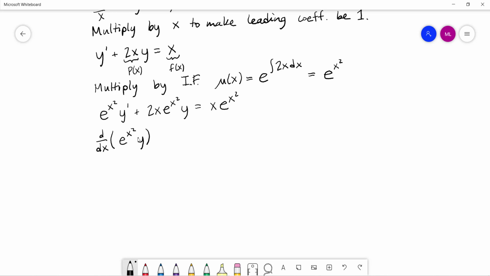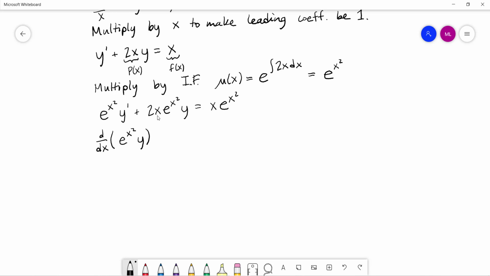And let's just verify in our head instead of writing it out this time. What would happen if I took the derivative using product rule? I'd get the first times the derivative of the second, plus the second times the derivative of the first. When you take the derivative of e to the stuff, you get back e to the stuff times the derivative of the stuff, which would give you an extra factor of 2x.